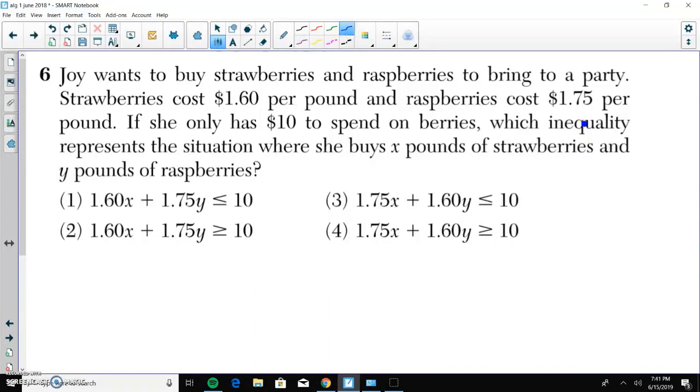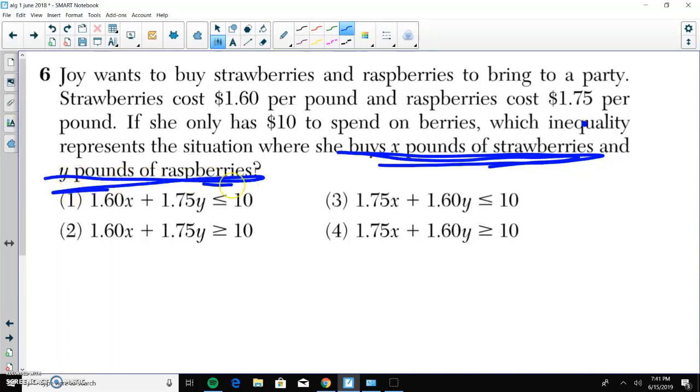What you really have to look at in this one is that it says X pounds of strawberries and Y pounds of raspberries. So strawberries, you're going to use X to represent them, and raspberries, you're going to use Y.